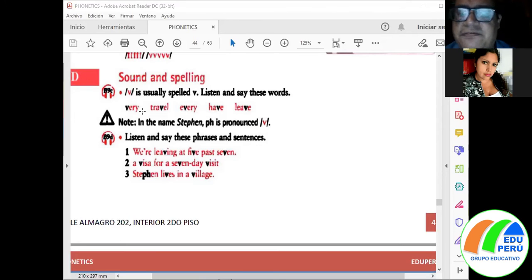1. We are leaving at 7:05. Notice, we're leaving at 7:05. 2. A visa for a 7-day visit. Visit. 3. Stephen lives in a village. Village.